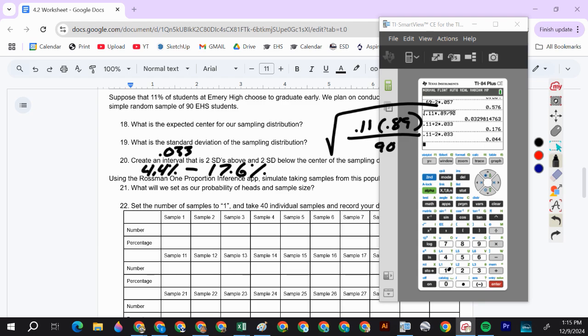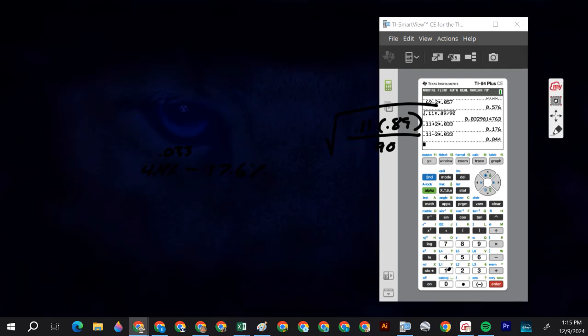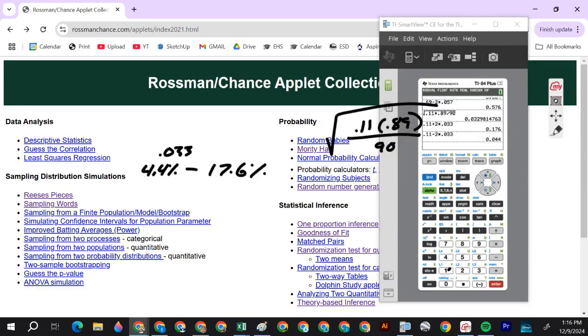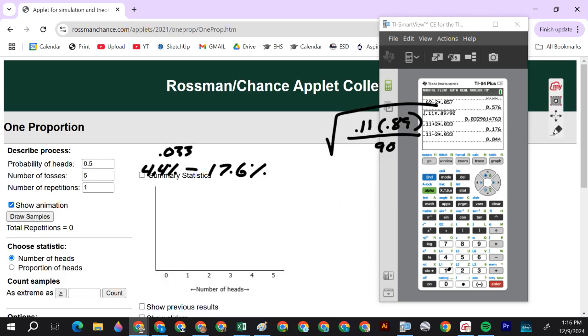So then we're going to open up our app, and right here on the right side, we're going to click on one proportion for inference. And we are going to do 40 individual samples. How do we do that?